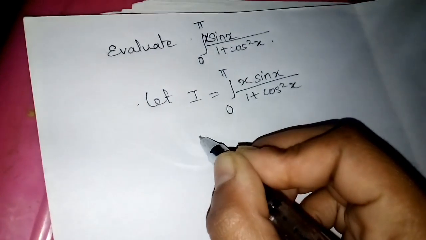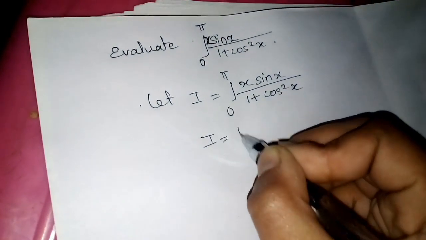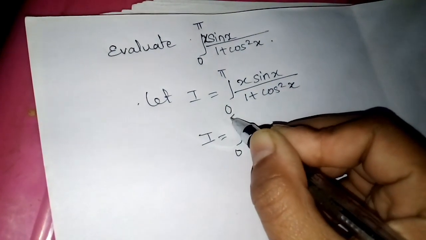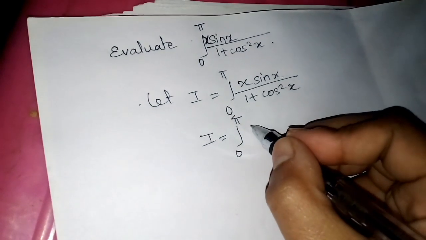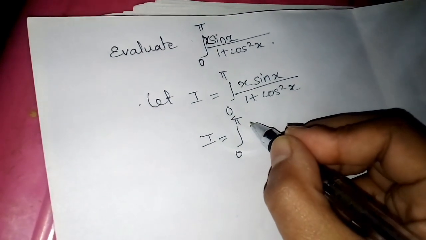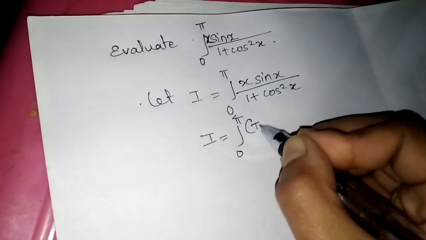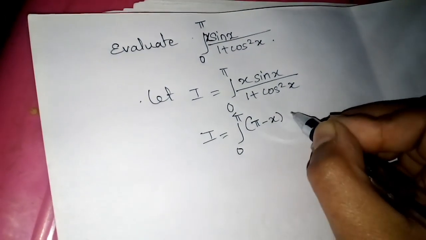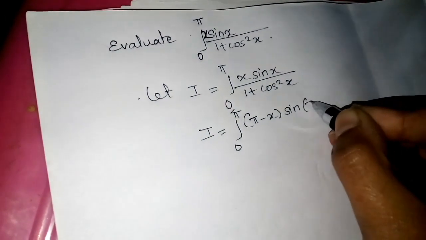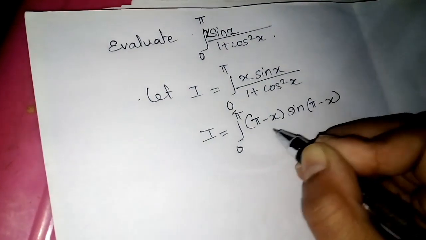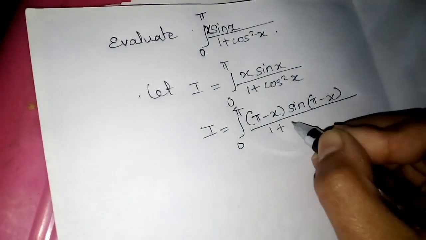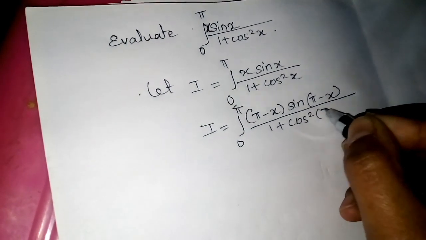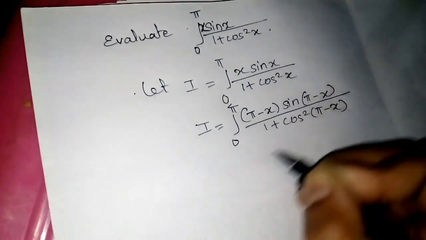The next thing we have to do is I equals the integral from 0 to pi, where we replace x by pi minus x on every side. So we have pi minus x into sin of pi minus x upon 1 plus cos square of pi minus x.